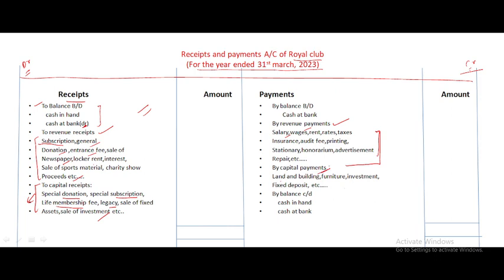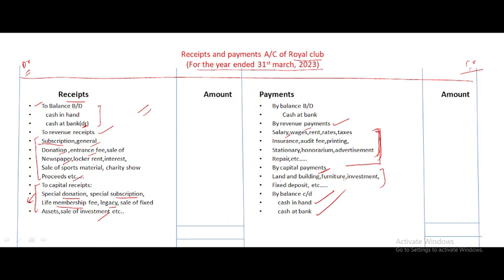These are capital payments. All payments, revenue payments and capital payments, are recorded on the credit side of the receipts and payment account. Revenue payments mean those payments which are in recurring nature, and capital payments are those payments which are in non-recurring nature. Now we balance with cash in hand or with cash at bank.